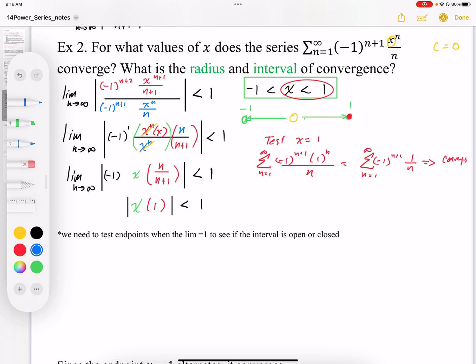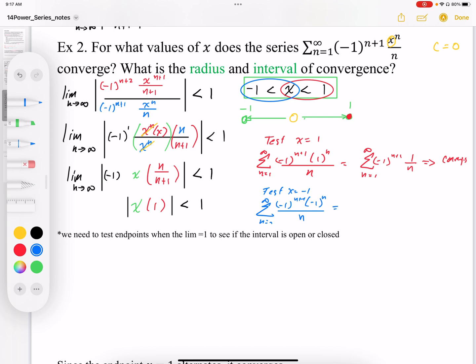We need to now then test the other endpoint, -1. So we're going to test x equals -1. So we end up with the sum from n equals 1 to infinity of -1 to the n plus 1, -1 to the n, and this is all over n. Now we're going to have to simplify that.